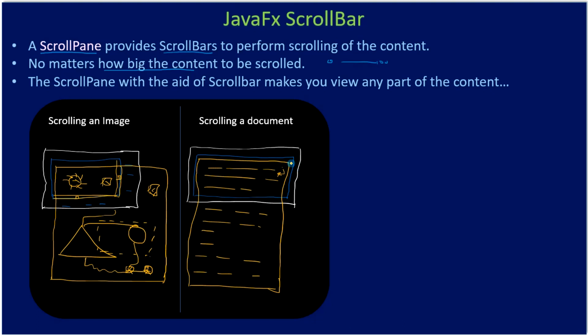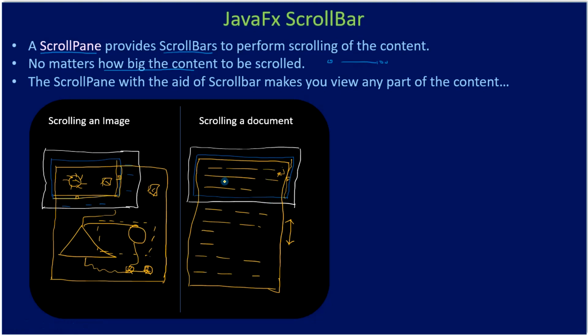Or even if you want to provide scrolling for horizontal as well as vertical, that's also okay. But here, since scrolling horizontally will be annoying, usually for a text-based document, people will use the ScrollPane with only the vertical scrolling option. And if you see here, you can move the document up and down, and you can view different portions of the document.